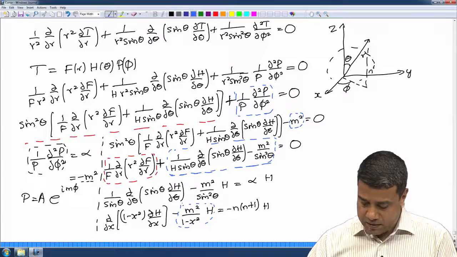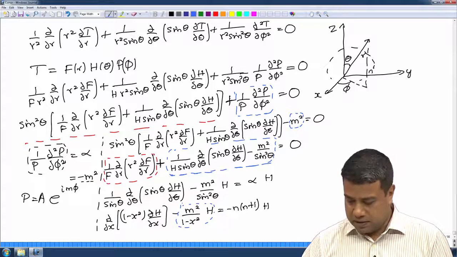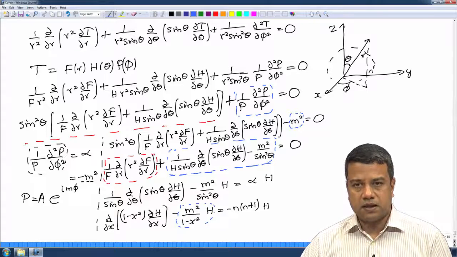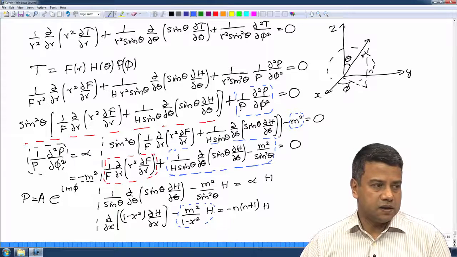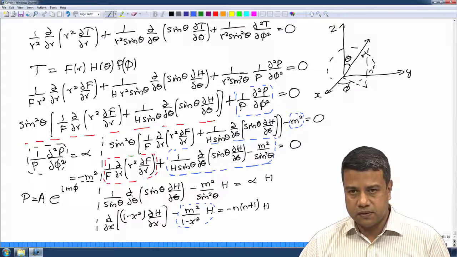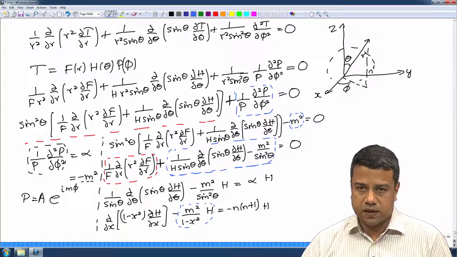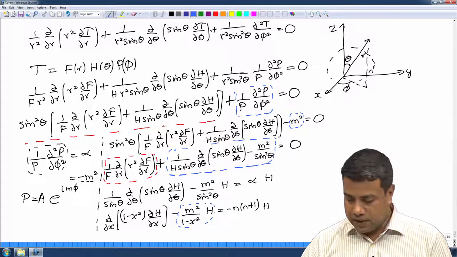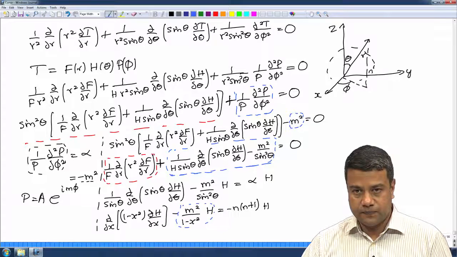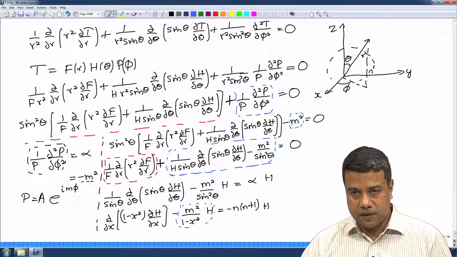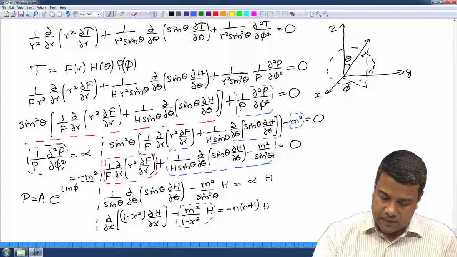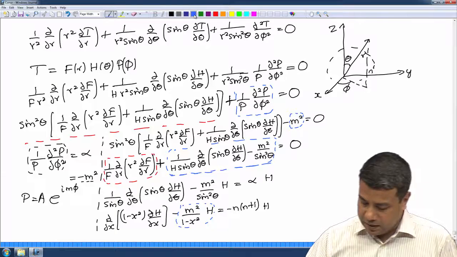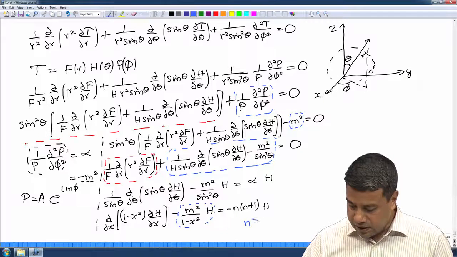In this case, the condition that the solution has to be finite at theta is equal to 0 and theta is equal to pi still implies that n has to be an integer, but also that n is greater than or equal to the magnitude of m.